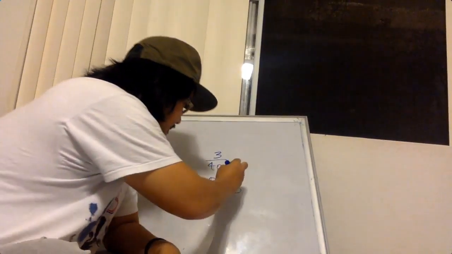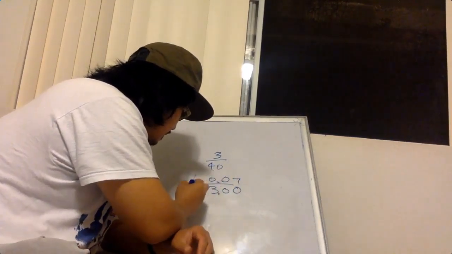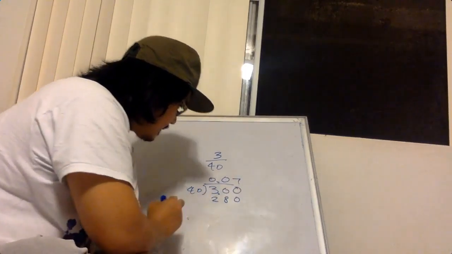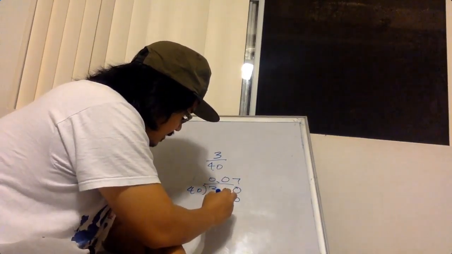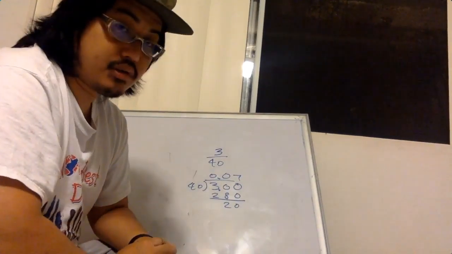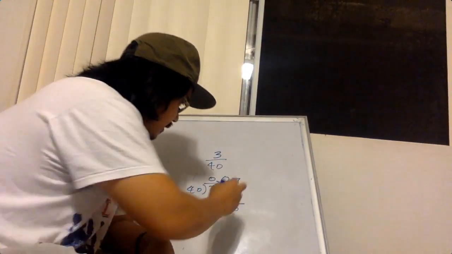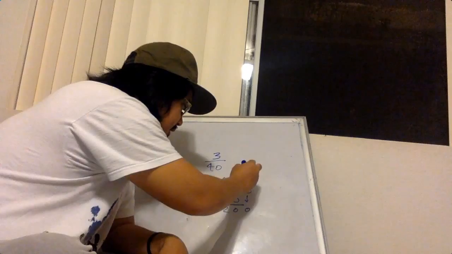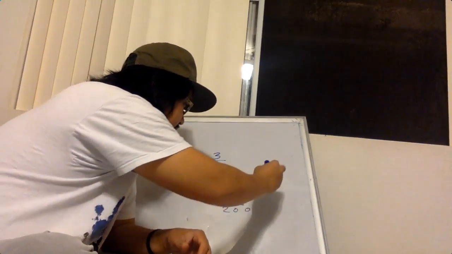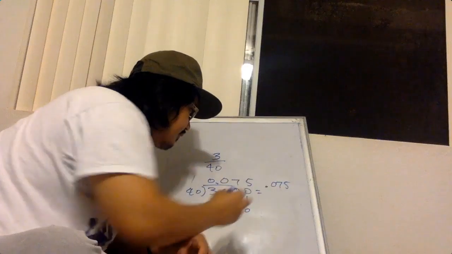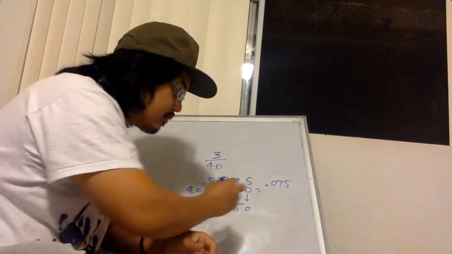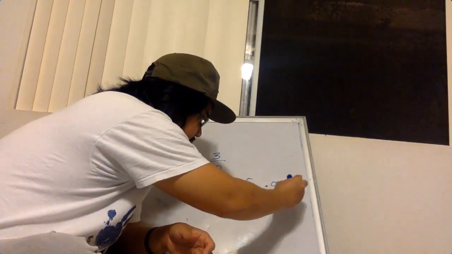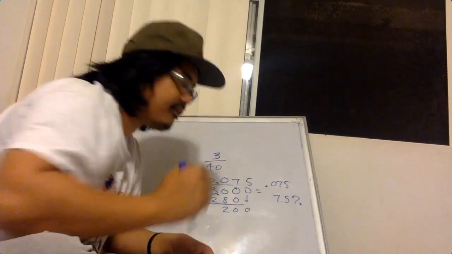That would be 7 times, because 4 times 7 is 280. I drop these down. I've got 20 here, because 300 minus 280 is 20. I'll add an extra 0 to drop down. How many times can 40 go into 200? Well, that's 5 times. So my answer is 0.075, which in percentage form is 7.5%.